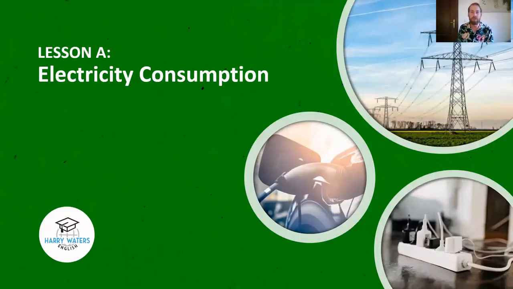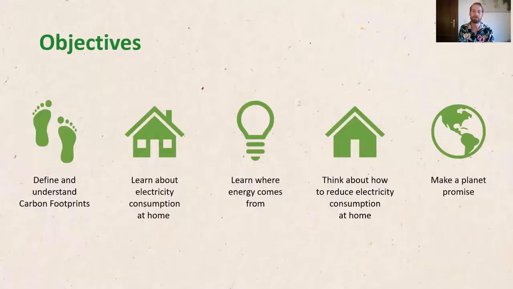As I mentioned before, today's class is all about electricity consumption in the home. The class has 5 main objectives. You can see them there on your screen. We're going to start by defining a carbon footprint.